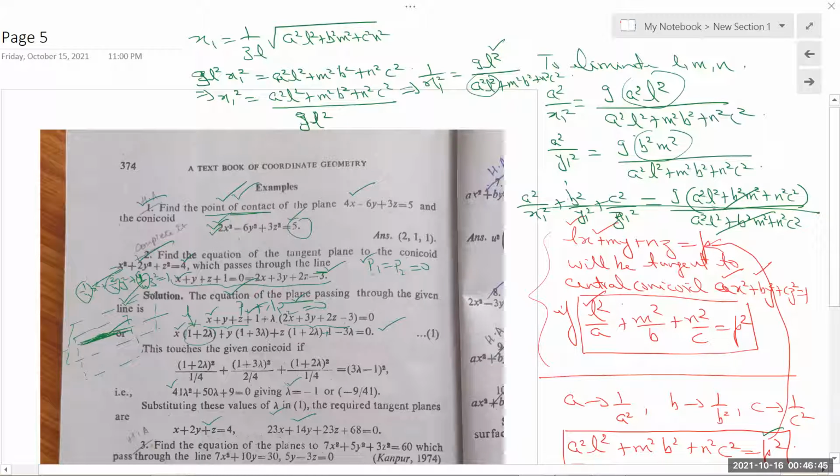So in this way, we are able to eliminate l m n. And thus for the locus of centroid, replace x1 y1 z1 by x y z, and you'll get your answer.